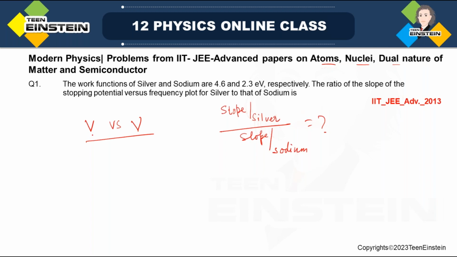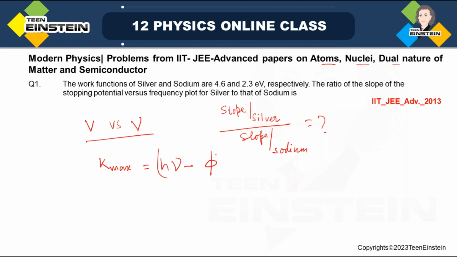So you know very well that this question is from the photoelectric effect, and the famous equation given by Einstein for the photoelectric effect can be written this way: the maximum kinetic energy of the photoelectrons, K max, is equal to the energy of the incident photon minus the work function.